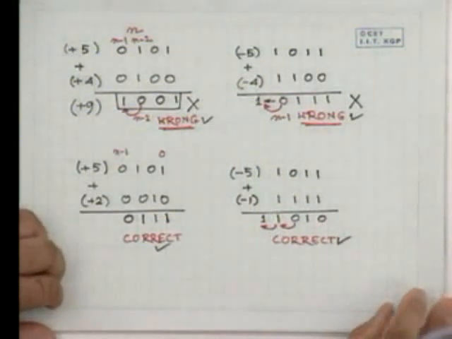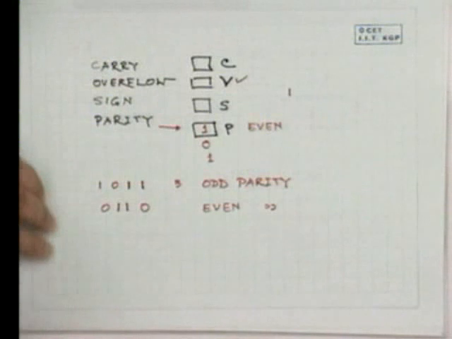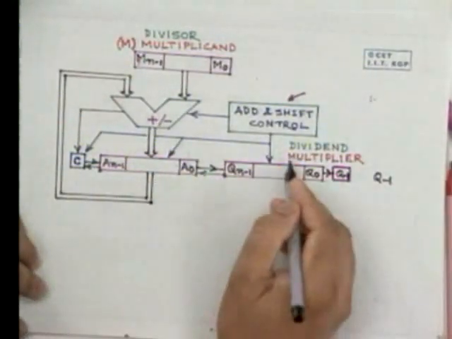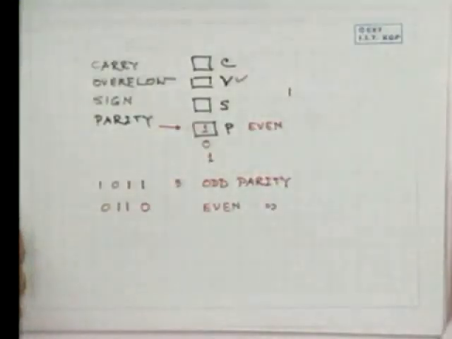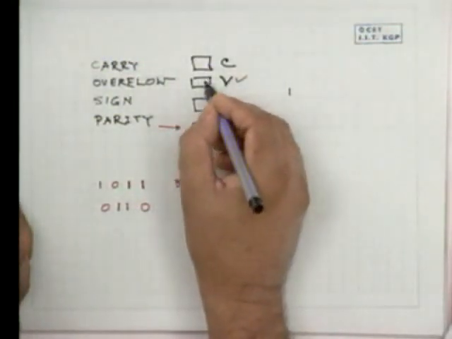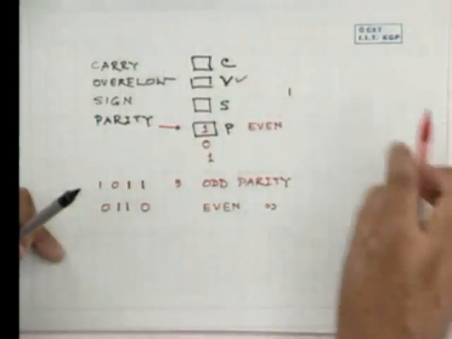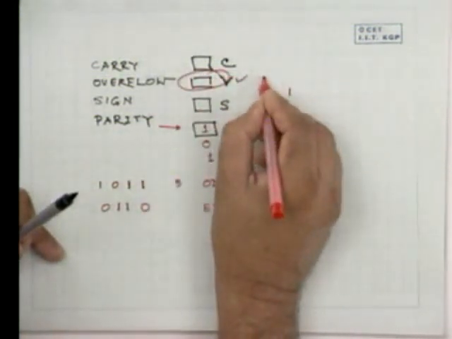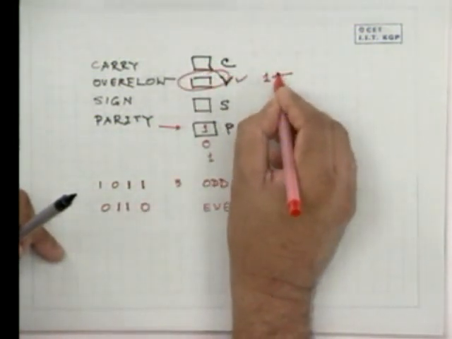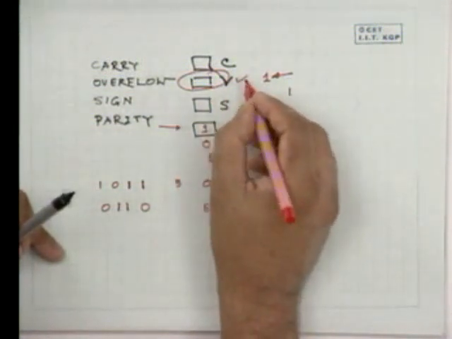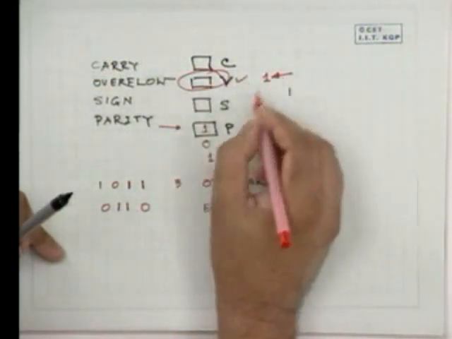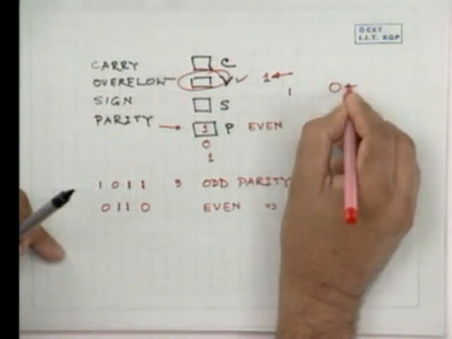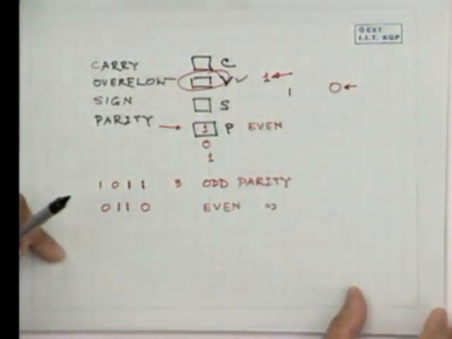Okay. Now, under that circumstance, this can be captured by the hardware, and we can set this overflow bit to be 1 or 0 accordingly. 1 means an overflow has taken place, which means the result is wrong, and 0 means the overflow has not taken place, which means the result is correct.